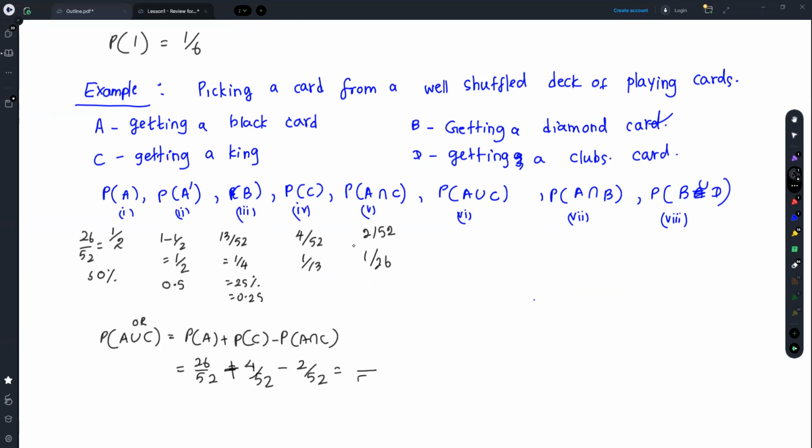So all are over 52, 26 plus 4 is 30, minus 2 is 28. So that will be 28 over 52. Is that correct? Okay, I guess you got the answer. So the union is 28 over 52. I guess that's 0.5415.